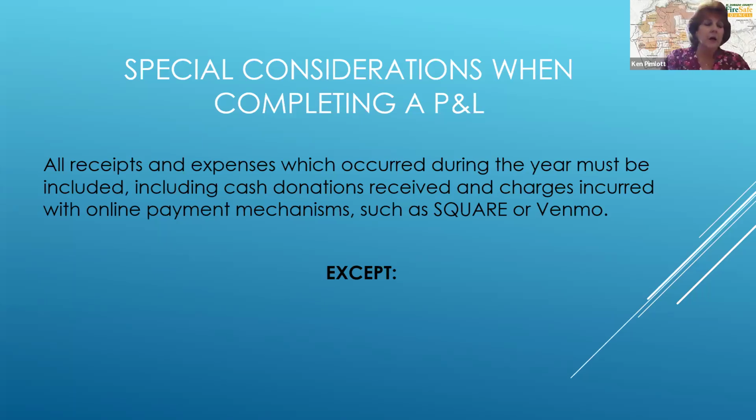This includes, and I'll come back to you, Mark, this includes expenses where a member of your board fronts the money. So I'm with Occam or Green Trees, whoever. I pay for the green waste dumpster on behalf of the Fire Safe Council.